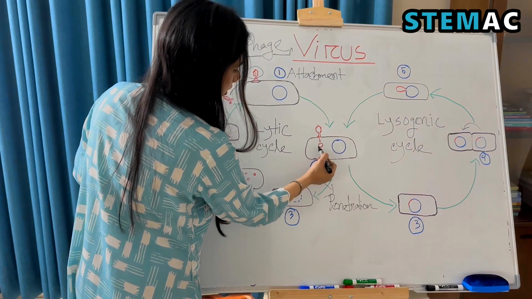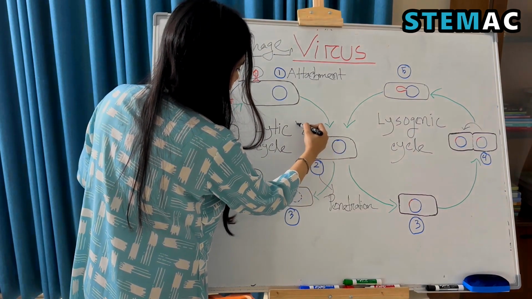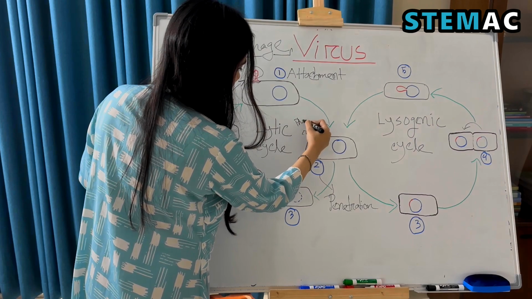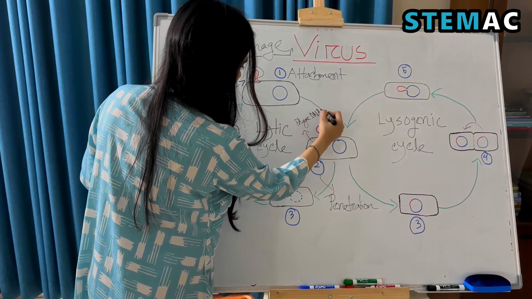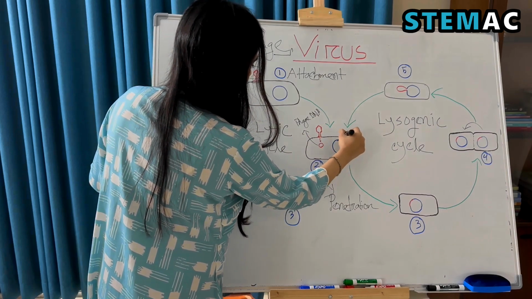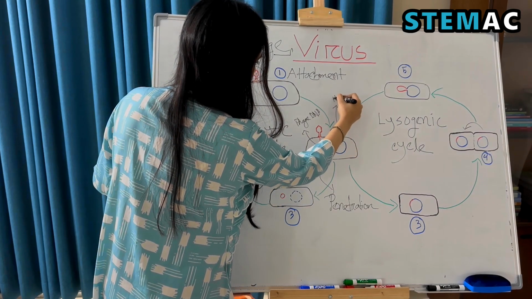So this is the phage DNA. This is our phage DNA. And this is the bacterial DNA or the host DNA.